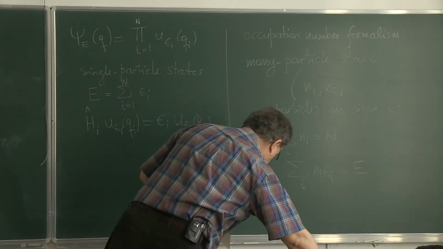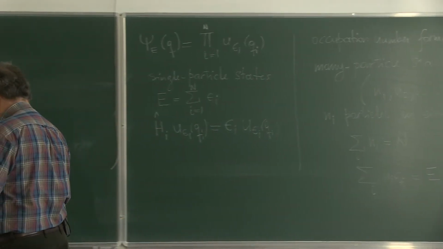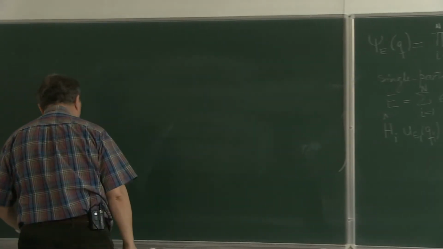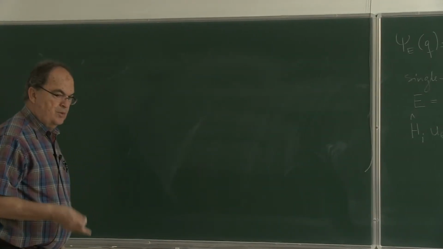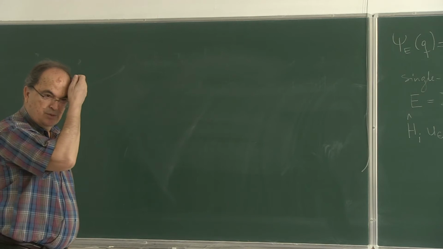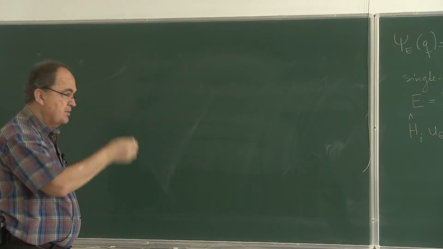Now, you can group these quantum particles into two, fermions and bosons.